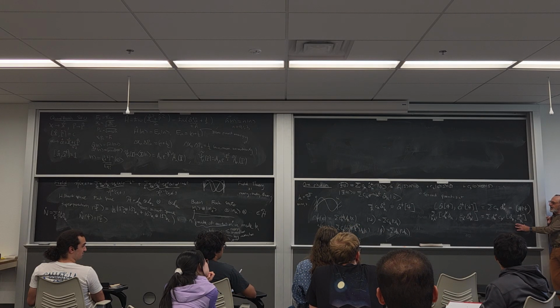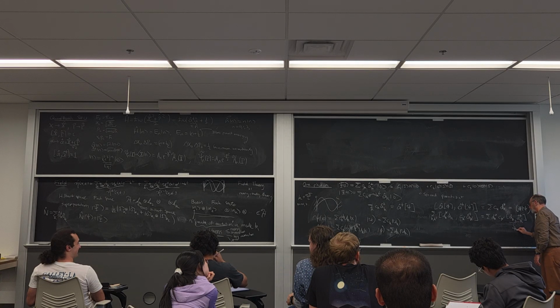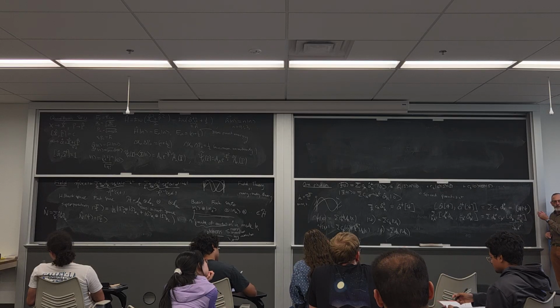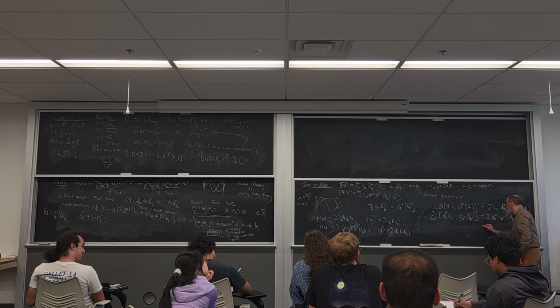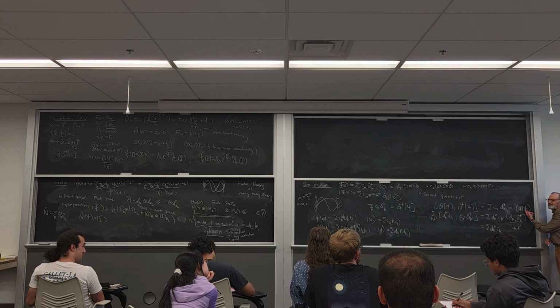It's one if k equals k prime, so it's a delta. It's a Kronecker delta. Okay? I should have emphasized that. The different modes commute. Which gives me this.